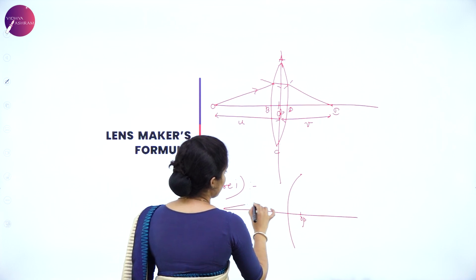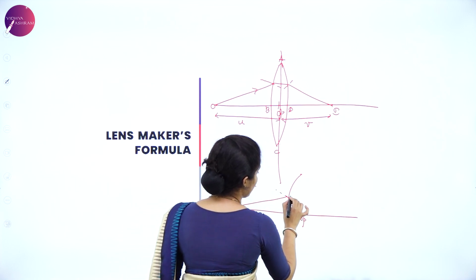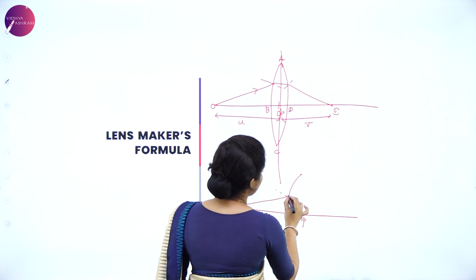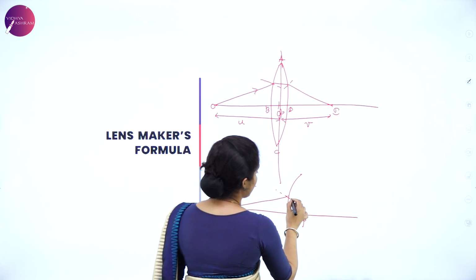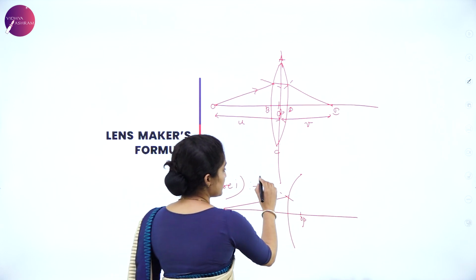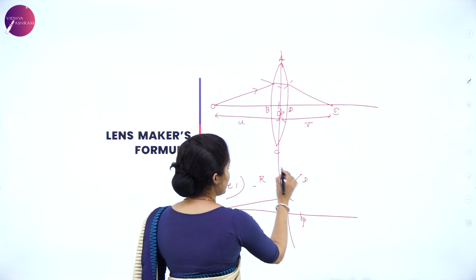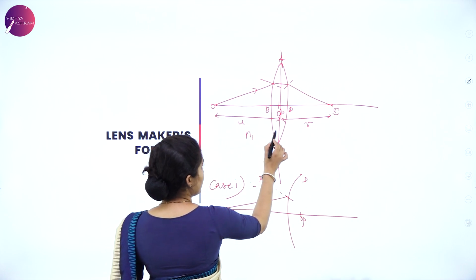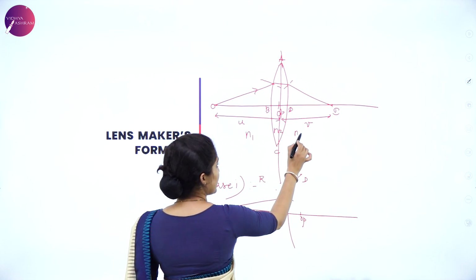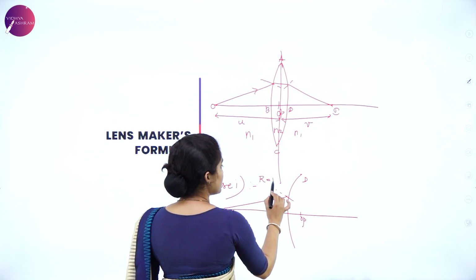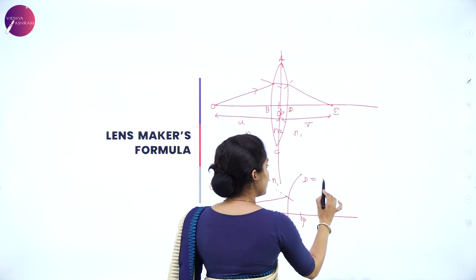From here an image ray falls, a normal is drawn to it, and there is a deviation as it goes from rarer to denser. This is the rarer medium, this is the denser medium, so we call this N1, this is N2, and this is N1 again. So rarer is N1 and denser is N2.